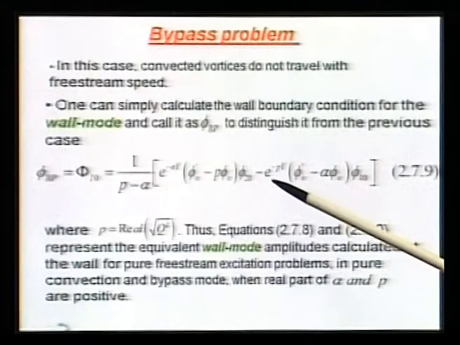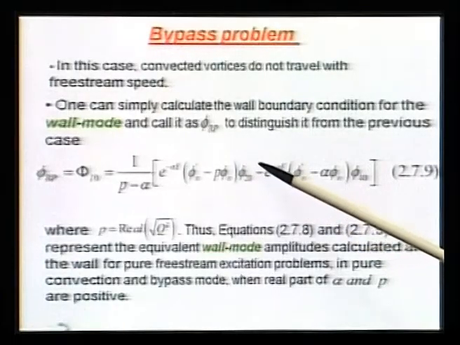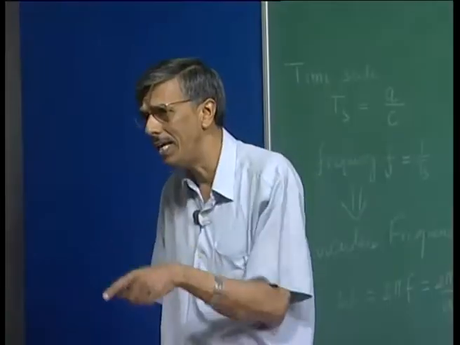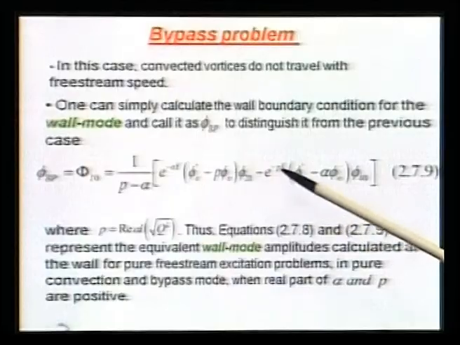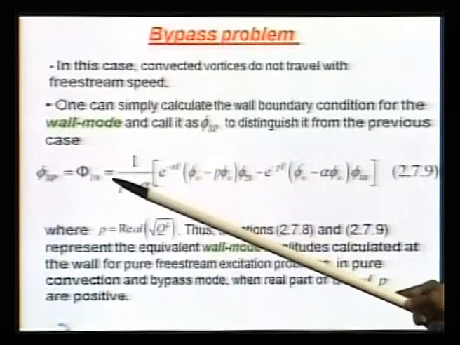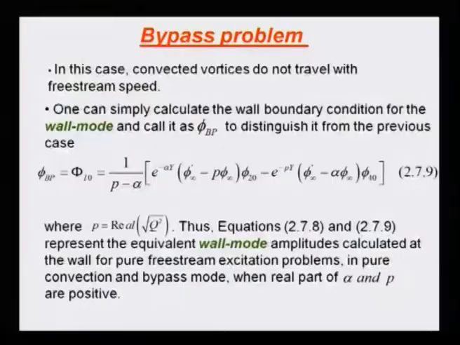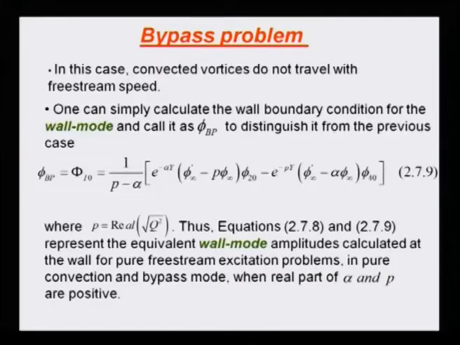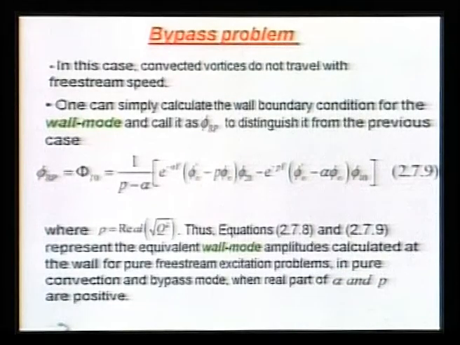Now, this we are evaluating at the wall. So this is basically phi II at the wall, with a minus sign, and that is equal to the wall mode at the wall. So this is what we are getting.